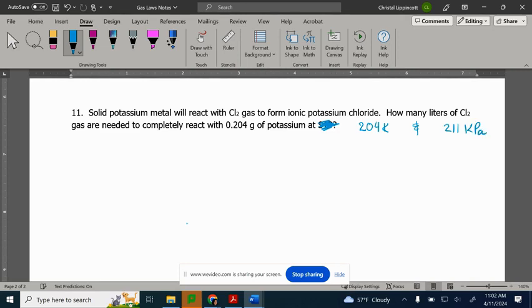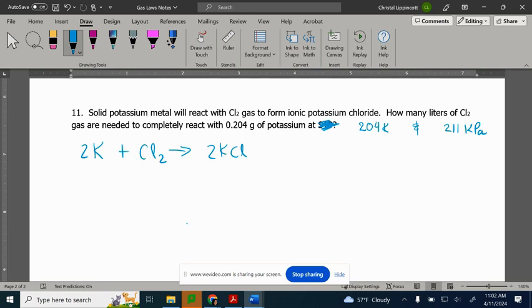All right. So, step 1, we are going to start with our balanced equation. So we've got potassium, we've got chlorine gas, and we're making potassium chloride. 2 and a 2.